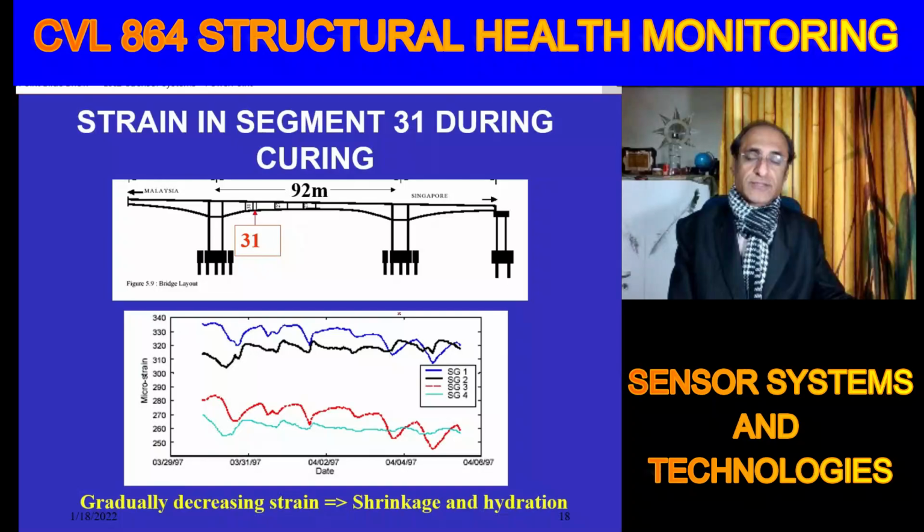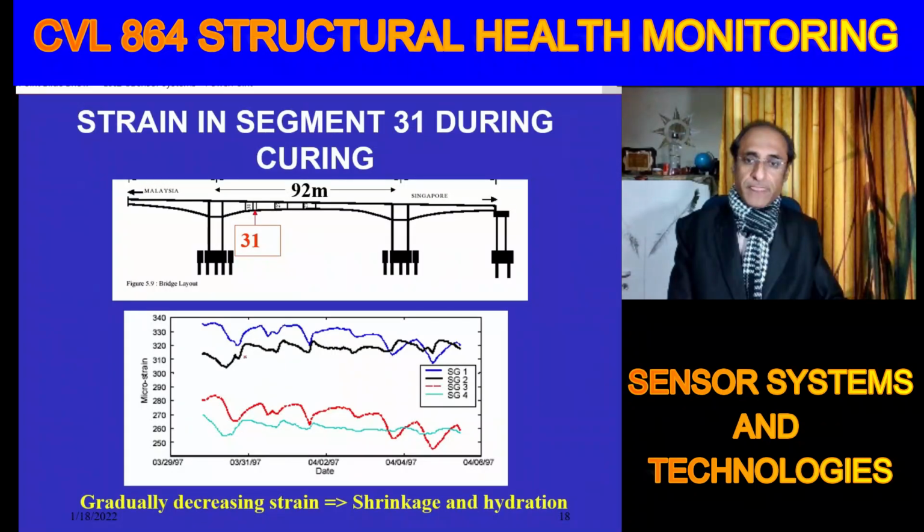That is the normal practice these days. But the simple thing is that a wire has to connect from the vibrating wire strain gauge to the immediate closest data logger. All right.